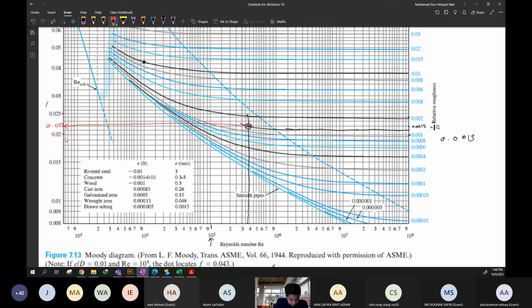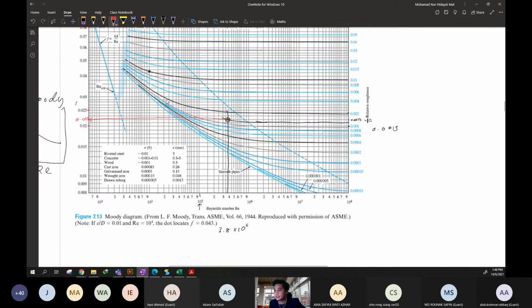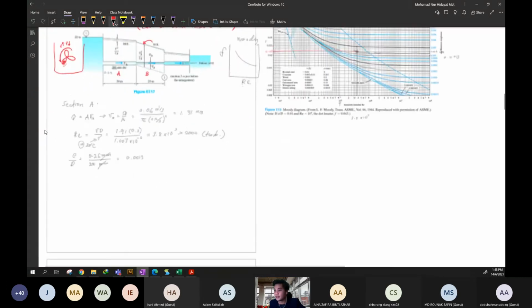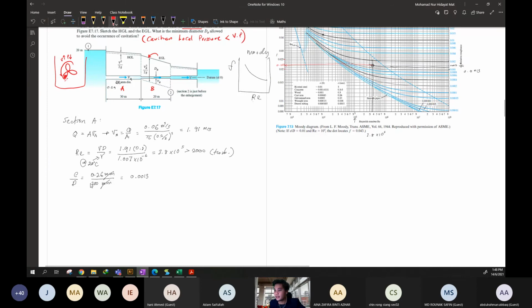Okay, it is correct. Based on the solution, it is 0.022. So the friction factor here is 0.022 based on the Moody diagram. Alright, so this is only this section. How about section B?